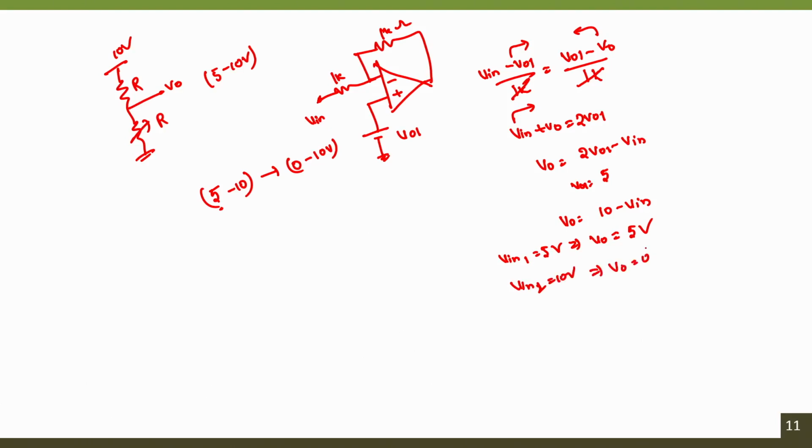Of course, it is converting 5 to 10 volts to 0 to 5 volts, but in a reverse fashion, which means that 5 to 10 volts is converted to 5 to 0.